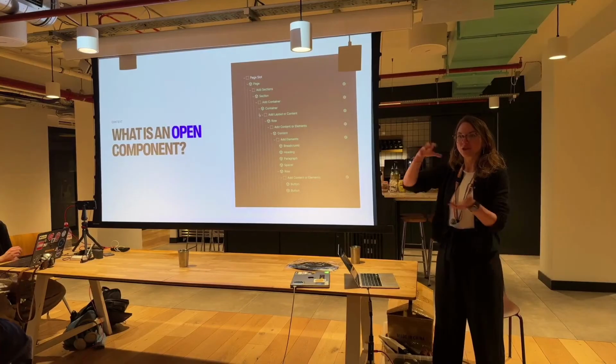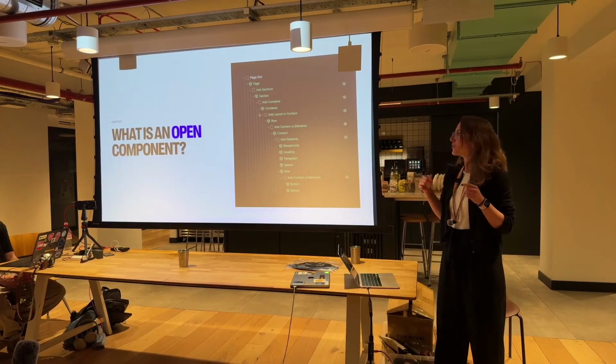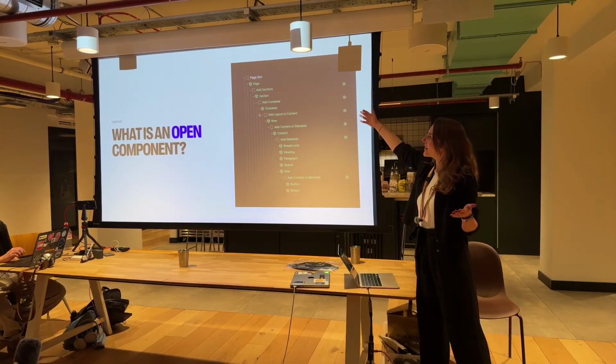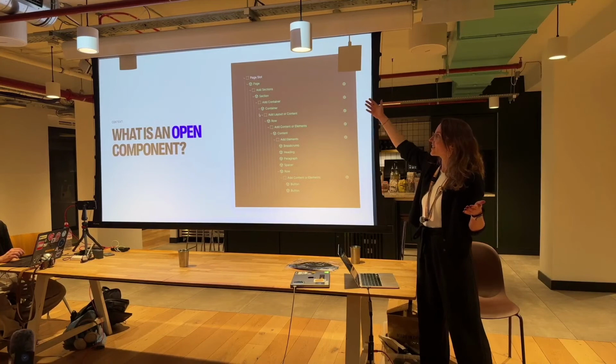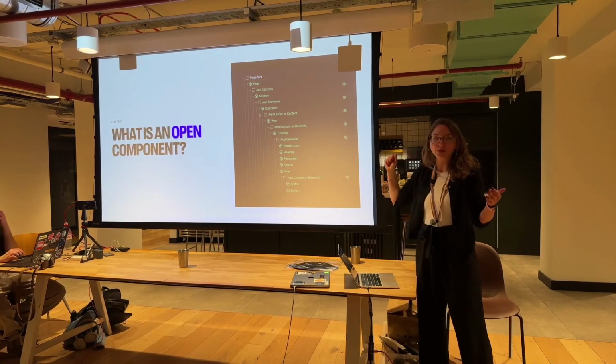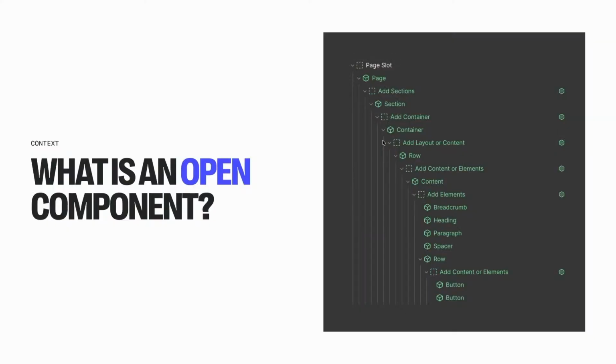Think of it as a Russian doll, where you wrap each one in a new component. It might look something like this: I have a section, and inside the section, I have a container, then a row, the content, and then the elements inside of it. You see how everything slots together.